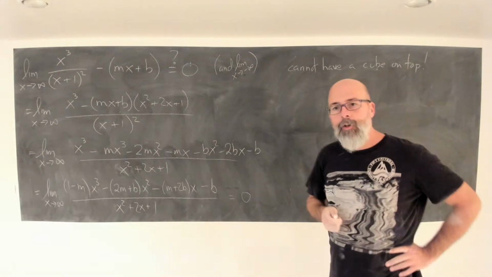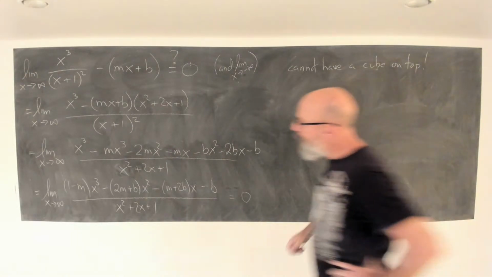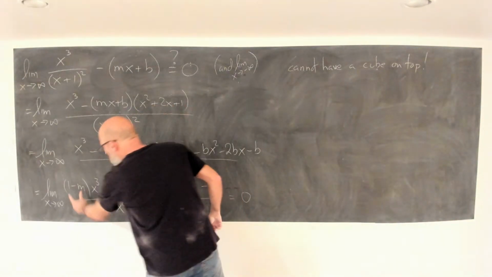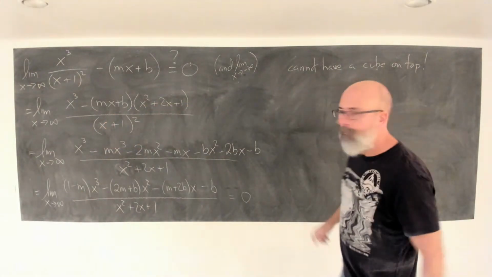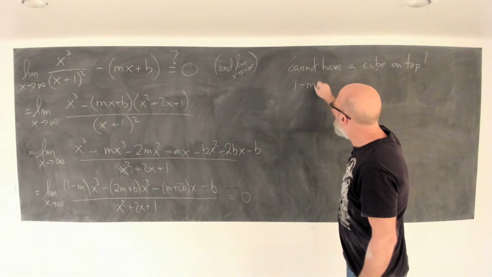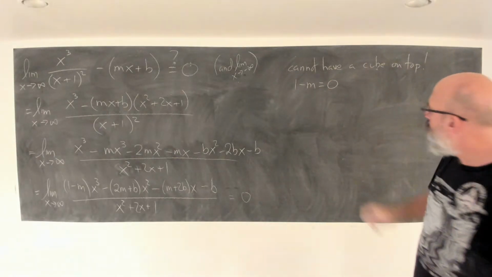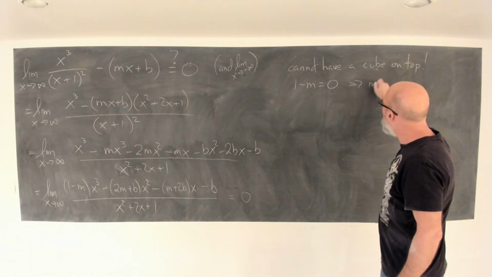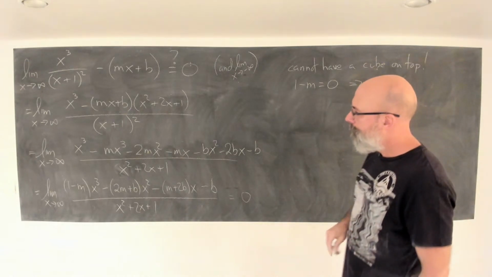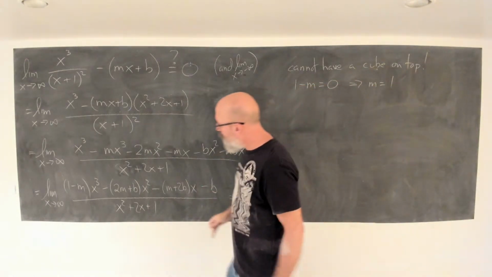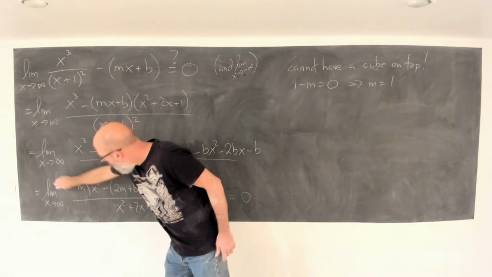You cannot have a cube on top, which means that the coefficient of x cubed had to be 0. In other words, m has to be 1. And if m is 1, this is gone.